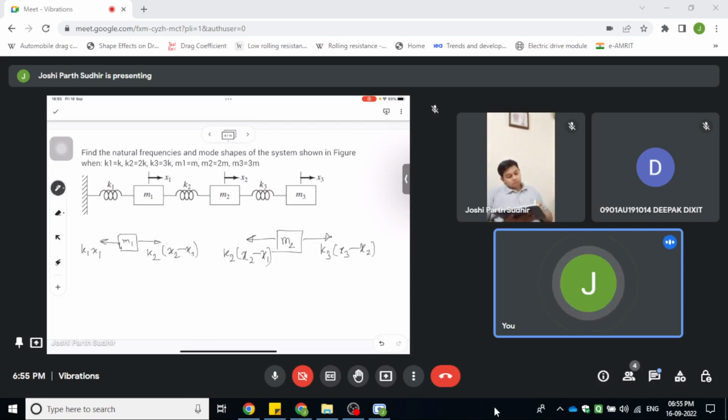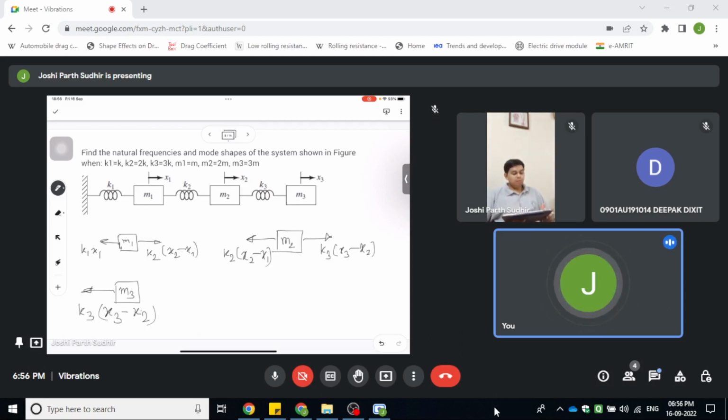And for the mass M3 we have the force K3 into X3 minus X2. So that will be the only force acting on M3.